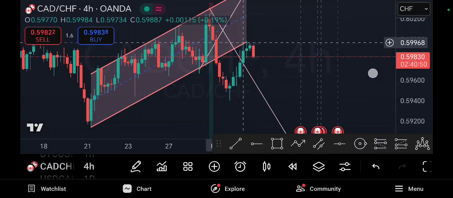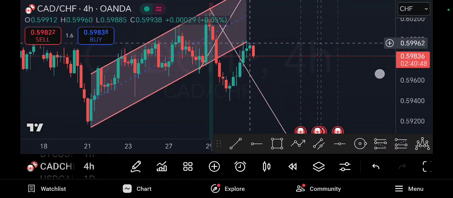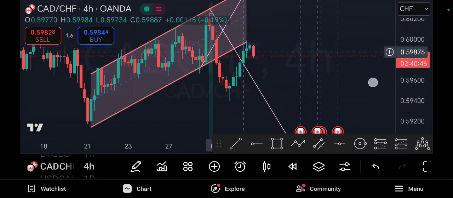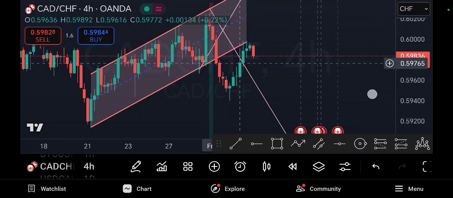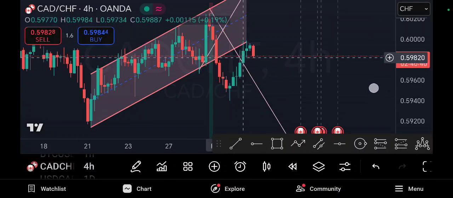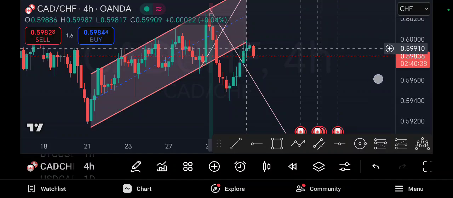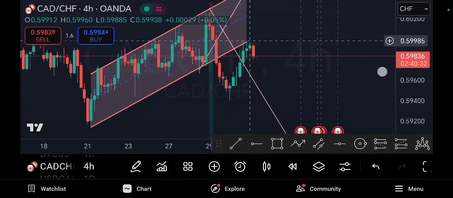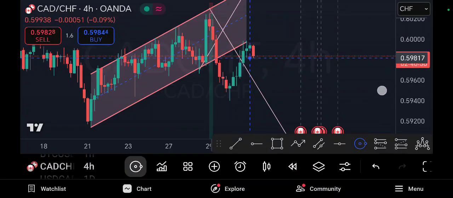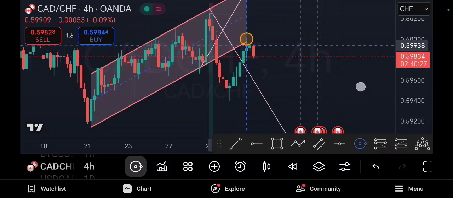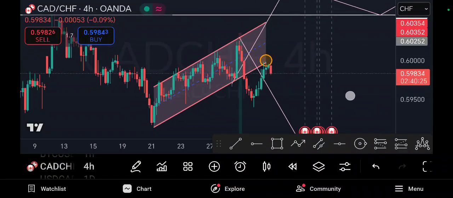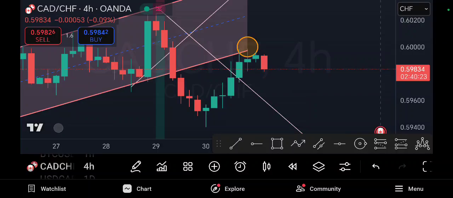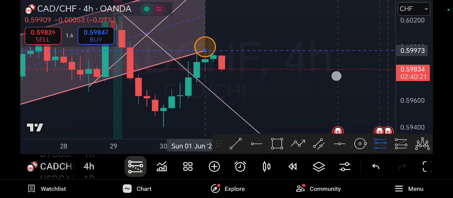See these candlesticks, where do they reach and where do they close? A buy candlestick opens at a low and closes at a high, and a sell opens at a high and closes at a low. Cool. This just shows you that there are sellers in this area. There are sellers there, so we can actually catch ourselves there.